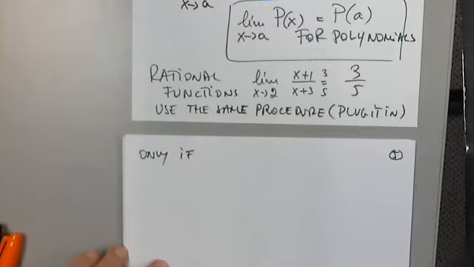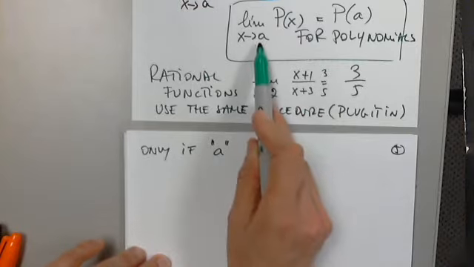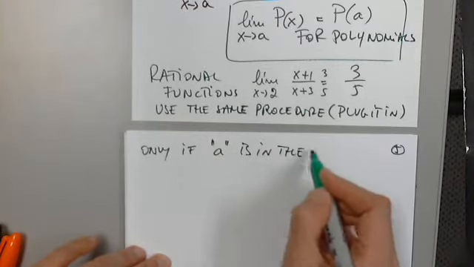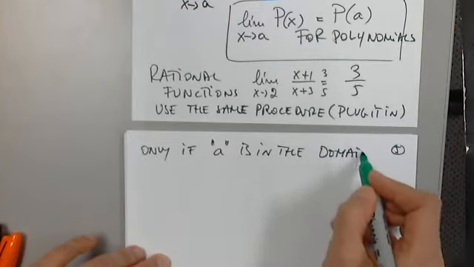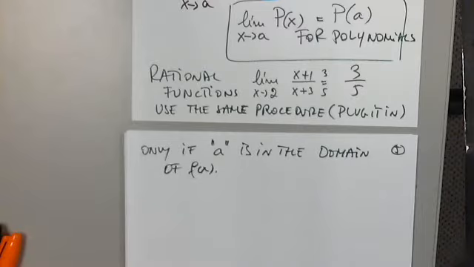Only if a, you know what I mean, this one, is in the domain, correct, of f of x, indeed. Any questions? Any questions? I'd like to look at some examples.